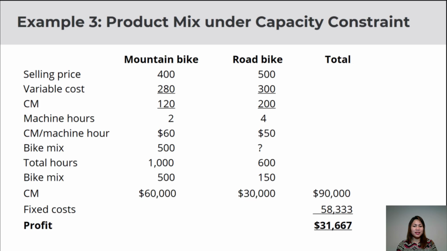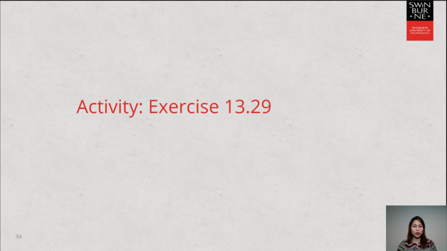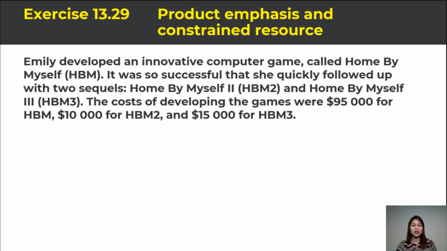Let's have a look at the exercise taken from your textbook, exercise 13.29. It is on product emphasis and constrained resources. Emily developed an innovative computer game called Home by Myself, or HBM.